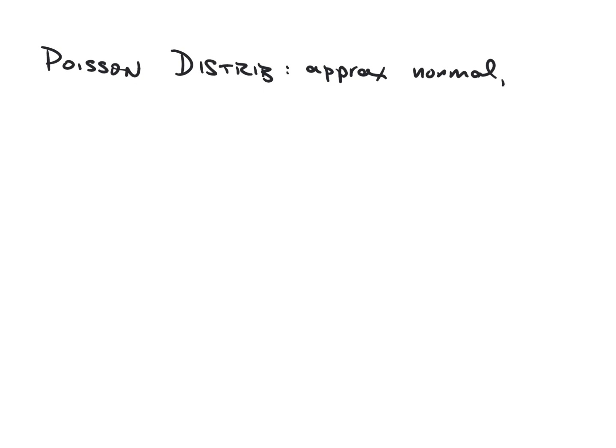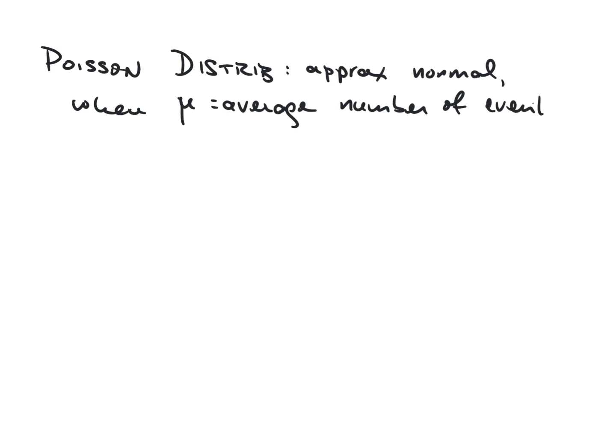So the Poisson distribution is approximately normal when the mean, the expected value, average number of events, mu, is large.